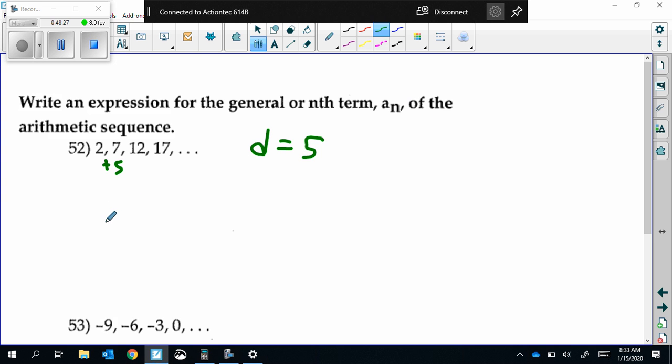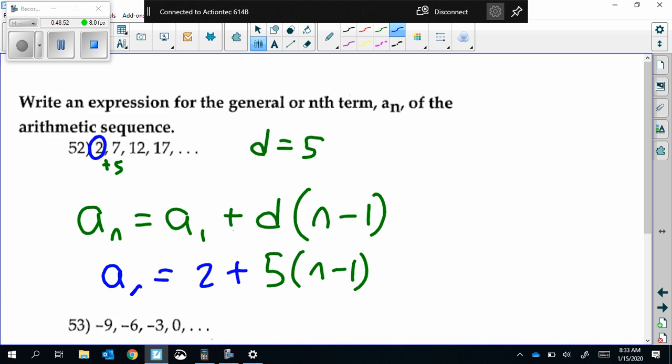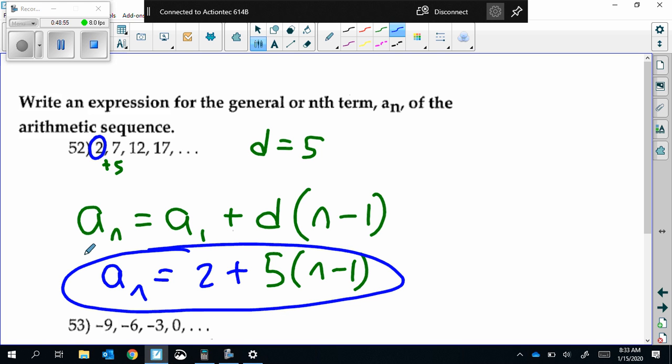For arithmetic sequences, the formula is A1 plus D times (n minus 1). We just found D was 5, so 5 goes there. N minus 1 always goes in the parentheses there. That never will change. A1 is 2. There's your formula, or expression, it says.